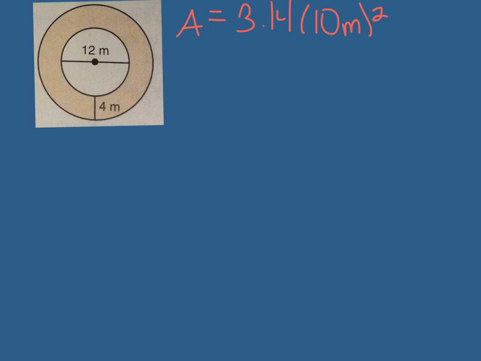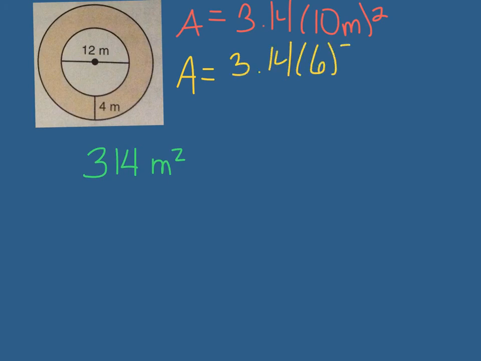That would give me 314. So I'll write that right here, 314 meters squared. So then for my second one, the smaller one, I have the area equals 3.14 times 6 squared.